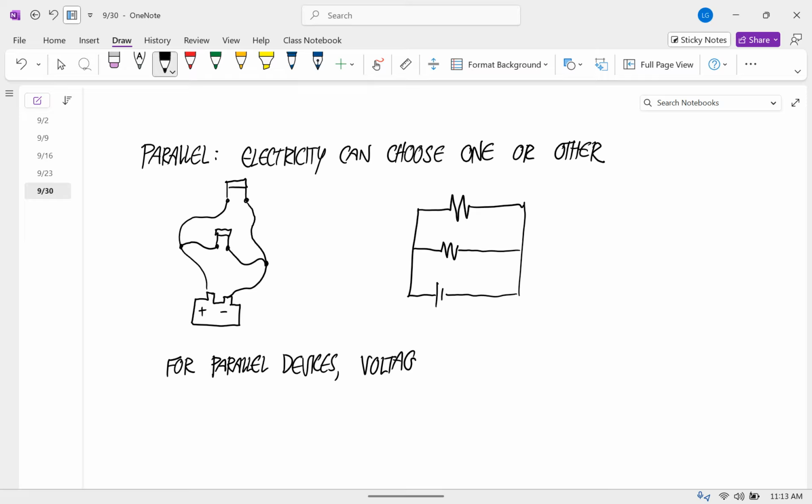Remember with series, the current was the same and the voltages were different. In this case, the voltages are the same, and the current is divided, because there's so much electricity going through it, and some goes this way and some goes this way. That's dividing up the current.